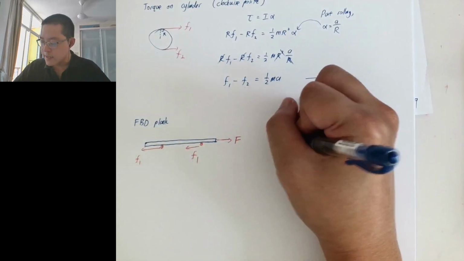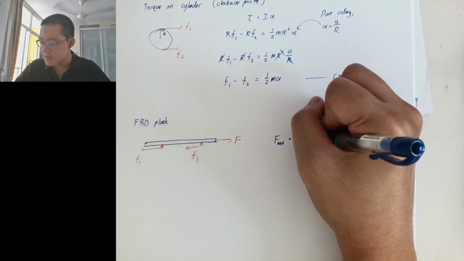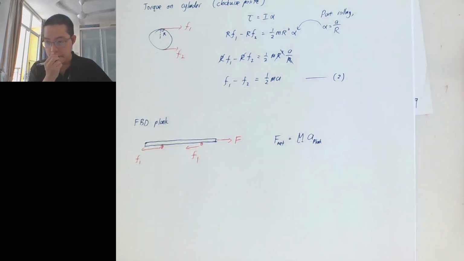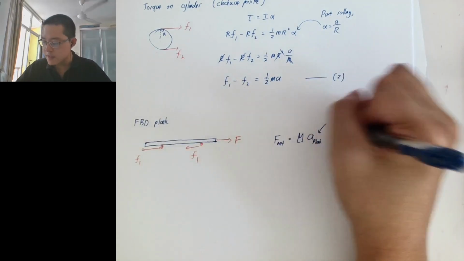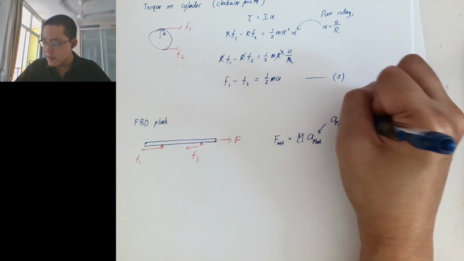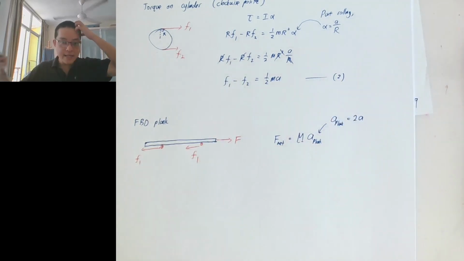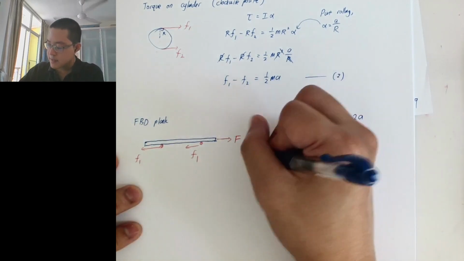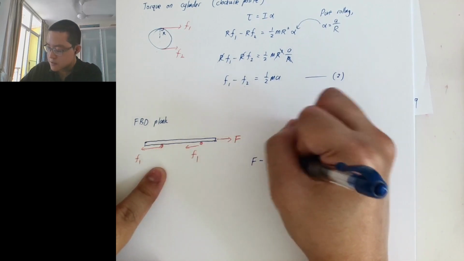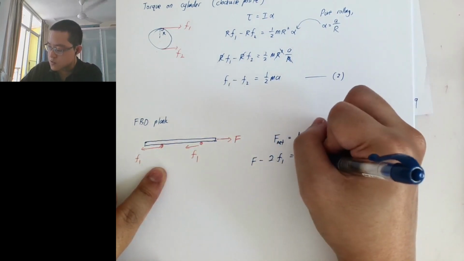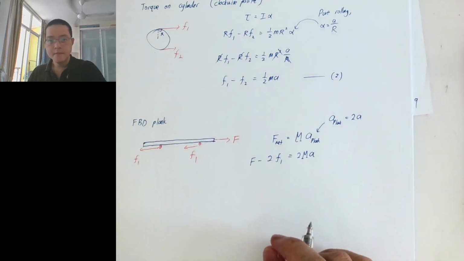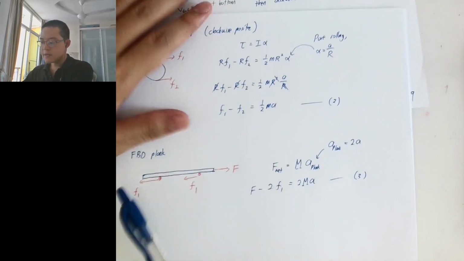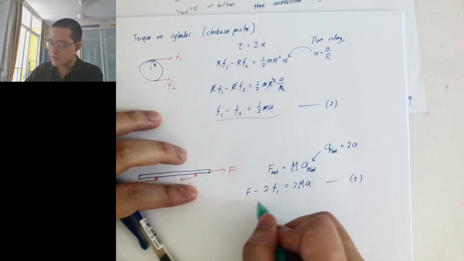So the net force acting on the plank is the mass of the plank times the acceleration of the plank. And just now I tried to convince you that the acceleration of the plank is twice the acceleration of the cylinder, so I substitute this in. The plank has forward F minus 2F1, equal to 2 big M times A. So this is my equation 3. So I got 3 simultaneous equations, and you can solve the answer already.